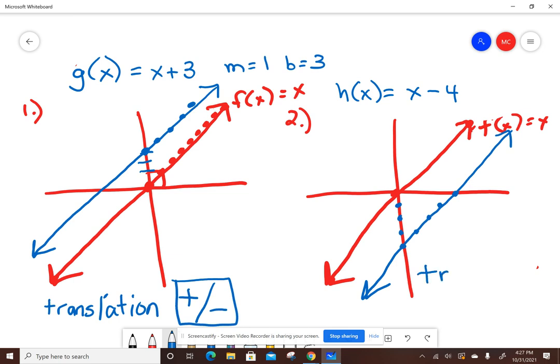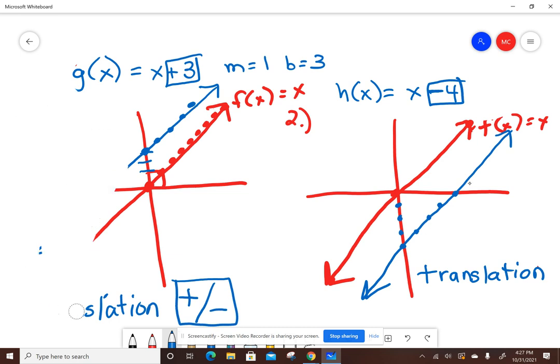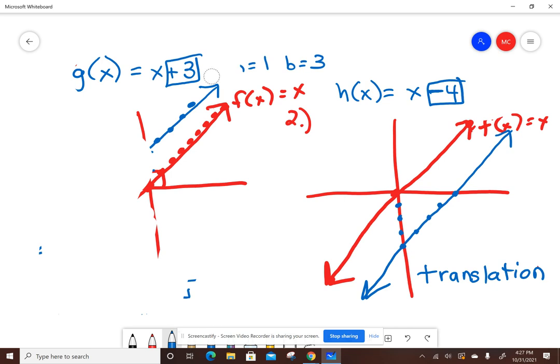So this is also a translation. Now, how did I know it was a translation? Because it's subtracting 4. And whenever we're adding or subtracting to our parent function, that's a translation. It will either be a translation up or a translation down, but the slope does not change. Okay, so that is how we do a translation of the parent linear function.